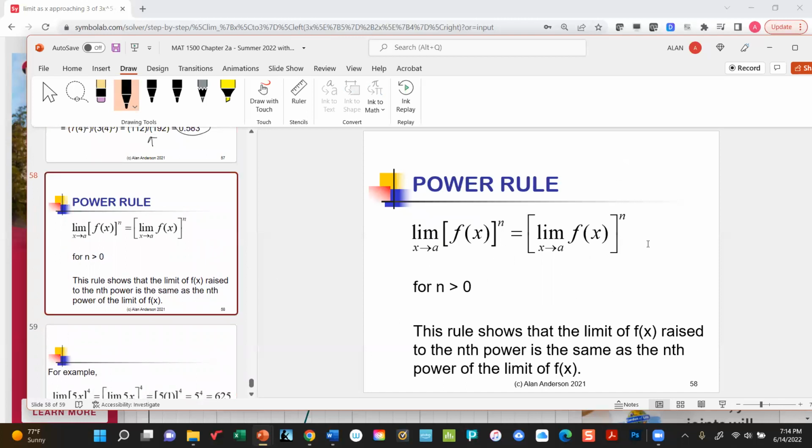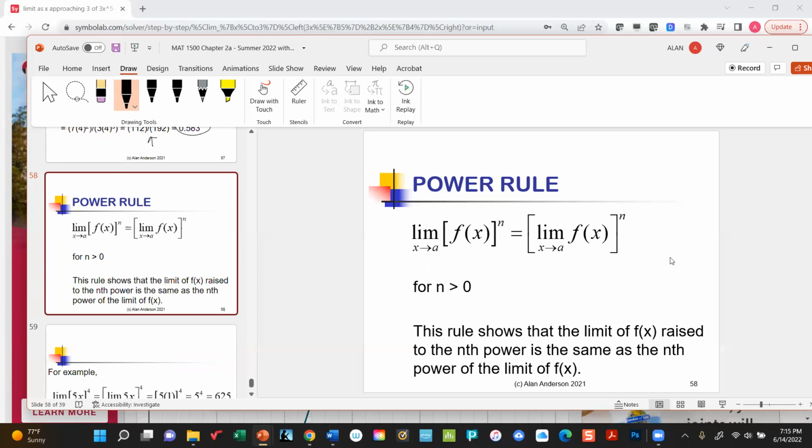So here, now this one's kind of interesting. It looks like there's a typo here. No, oh no, there's not. Sorry, my mistake. It's not a typo. This is what it's supposed to look like. What it's saying is that we're taking the limit of f of x and then raising that to the nth power.